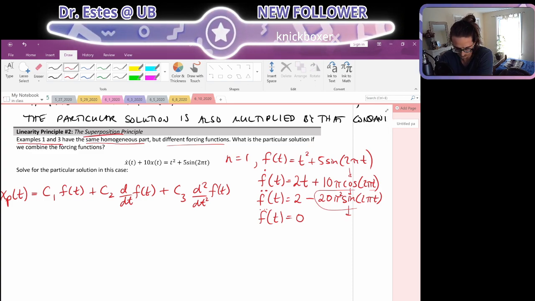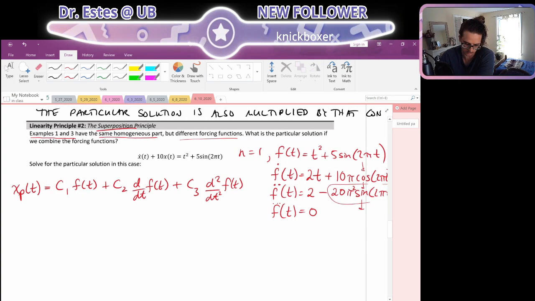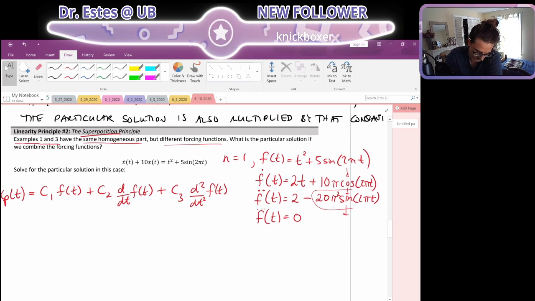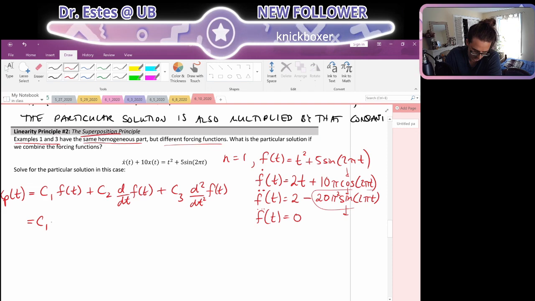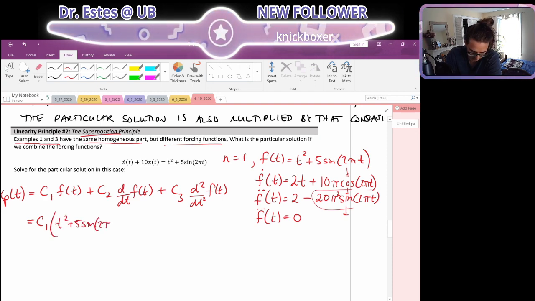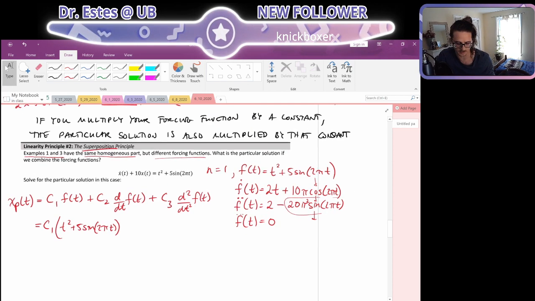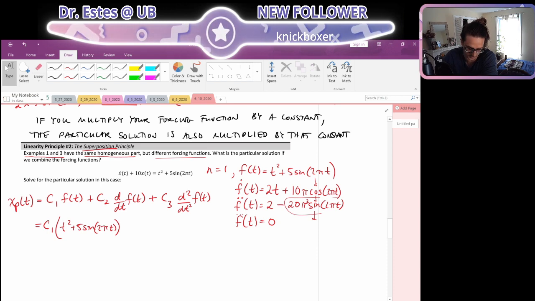So we're going to get C1 times t squared plus 5 sine 2 pi t. And I'm going to simplify all of this at the end and introduce some new coefficients like we've been doing along the way.